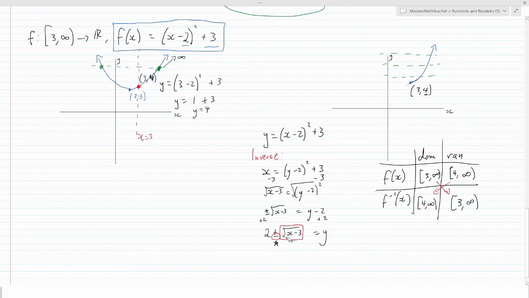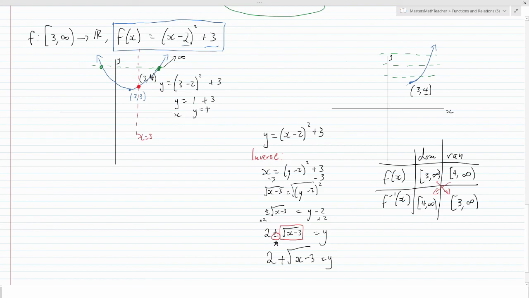So that means we must only have the plus here. So this is actually just going to be 2 plus root x minus 3. And that's because we don't need the minus, because it's not part of our range. That's irrelevant.